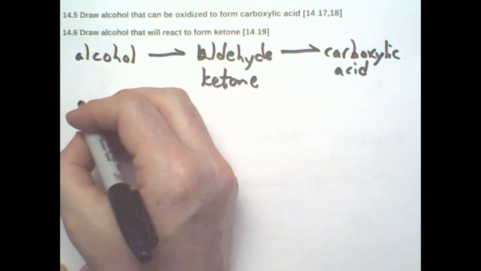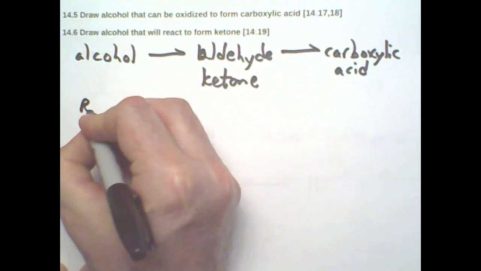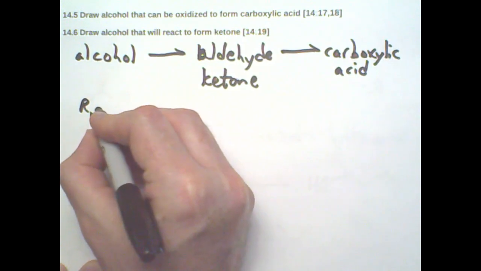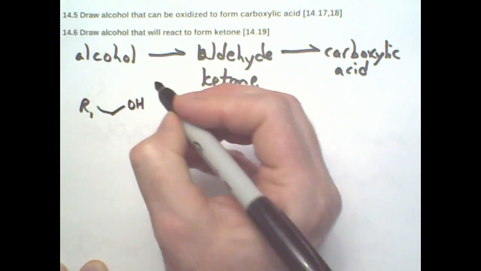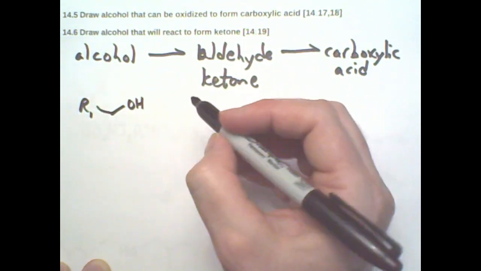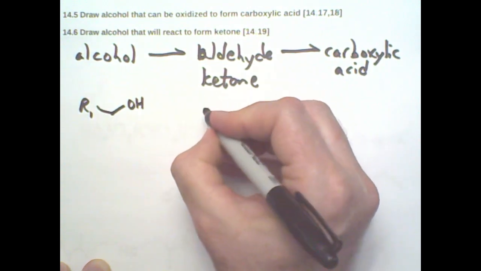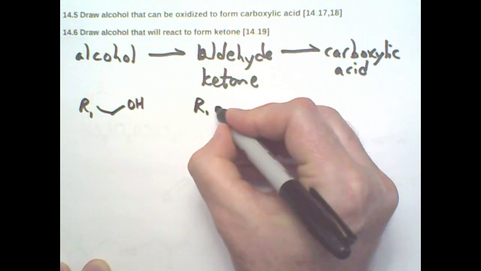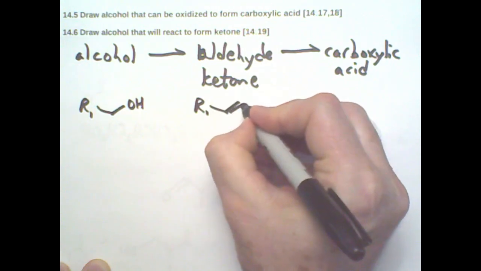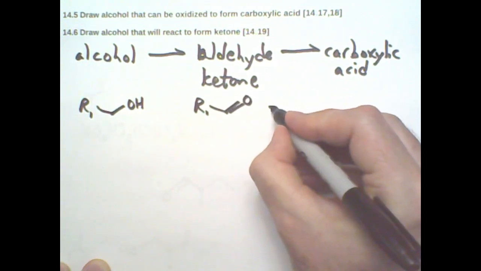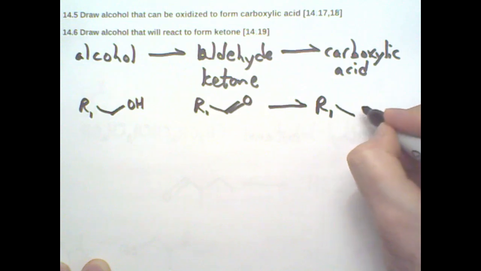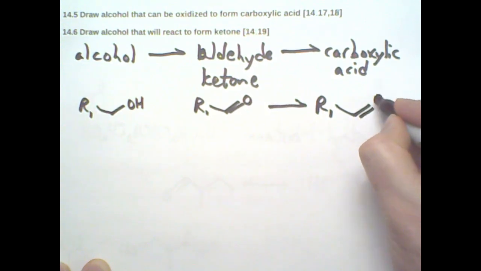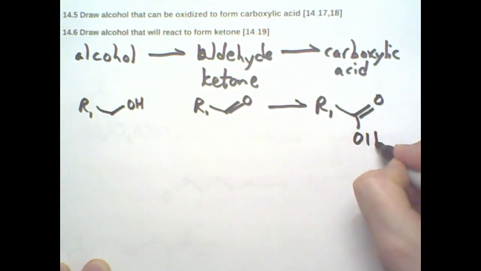So it'll look something like this. A primary alcohol can become an aldehyde, and then a carboxylic acid.